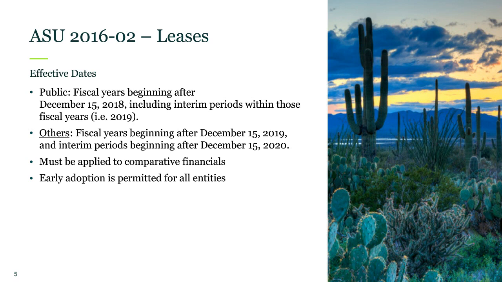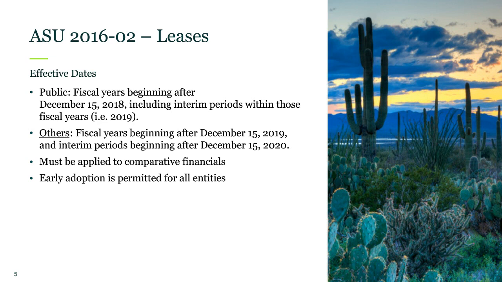The third bullet here says must be applied to comparative financials. From the time that I drafted these slides until today, in late March, the FASB gave a new practical expedient, which would allow you to apply this only to the most recent financial statements presented and not have to go back and amend or recast the prior 2 years in your comparative financial statements, as an option.